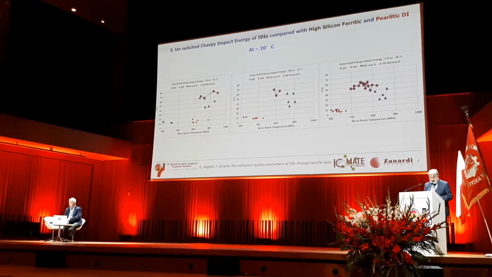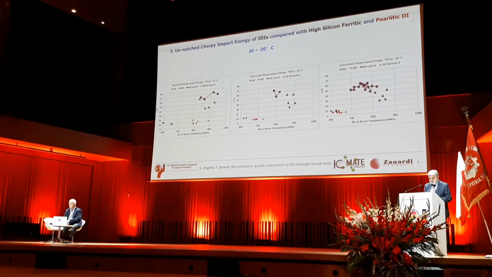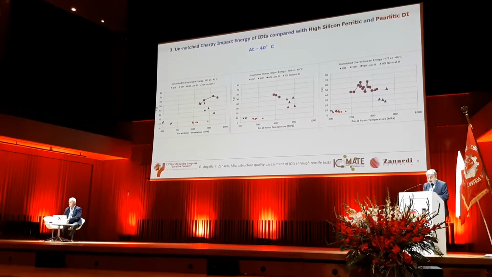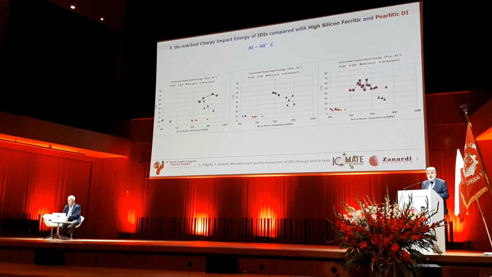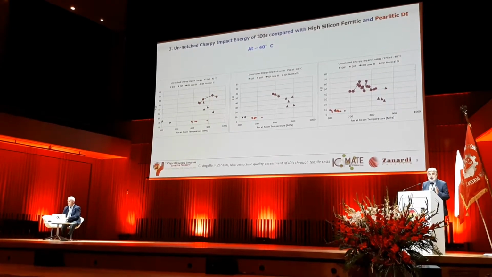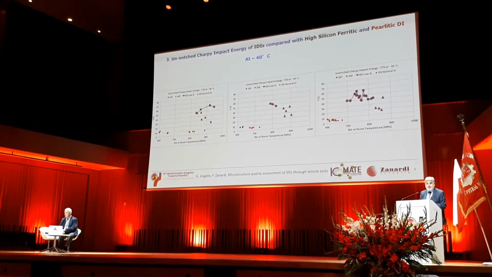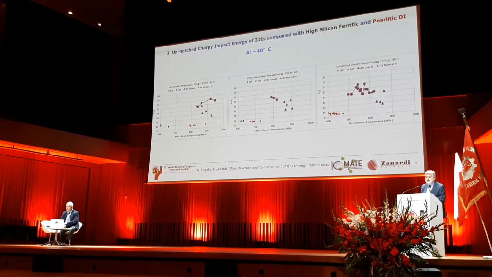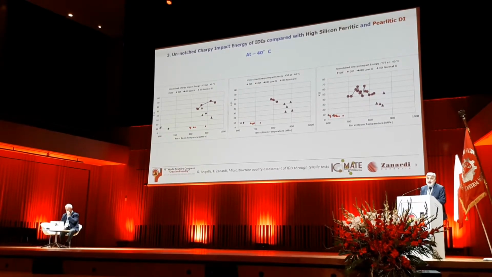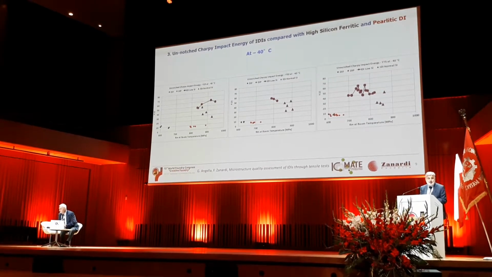These are the same diagrams at -20. These are the same diagrams at -40. So you see that with this material you can get much better properties, mainly in terms of ductility and toughness, than you can get with any other process of ferritic ductile irons.